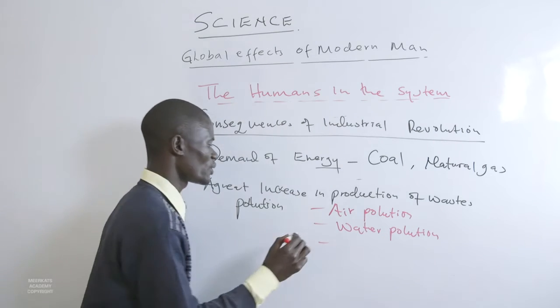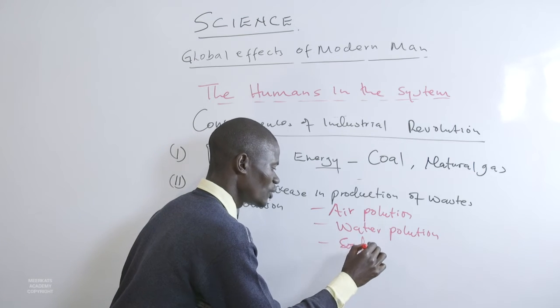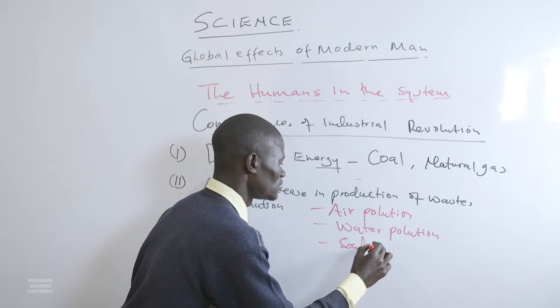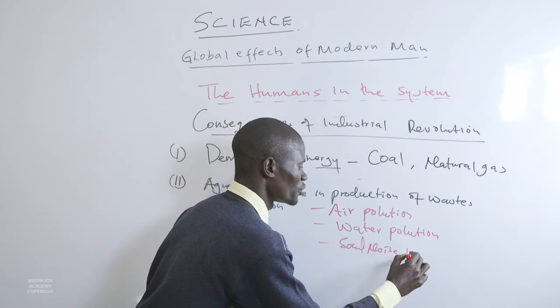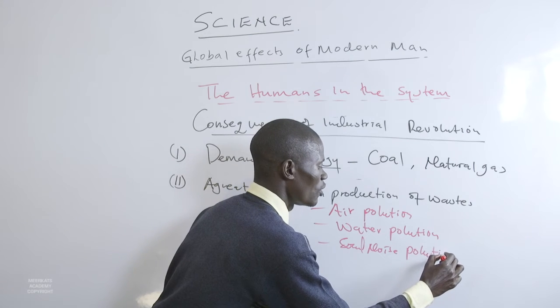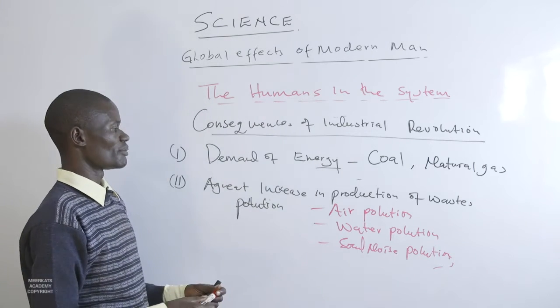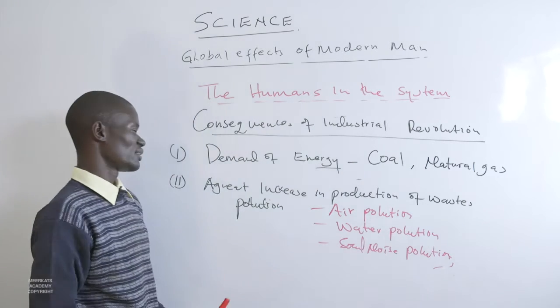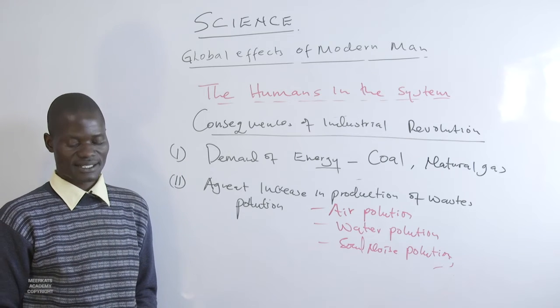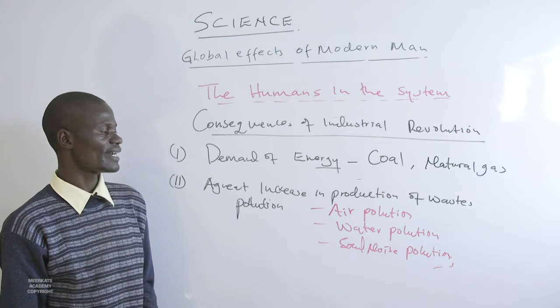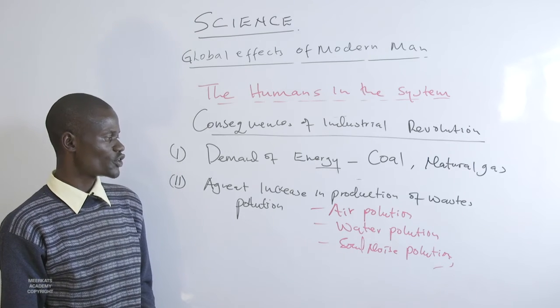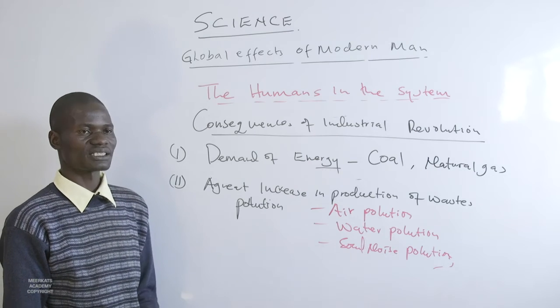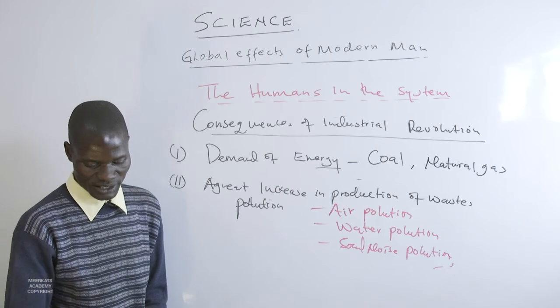And we also have some form of sound pollution, which we also call noise pollution. All of these, because of the great increase in waste products, have led to greater pollution, and most of the waste products are the pollutants in the environment.